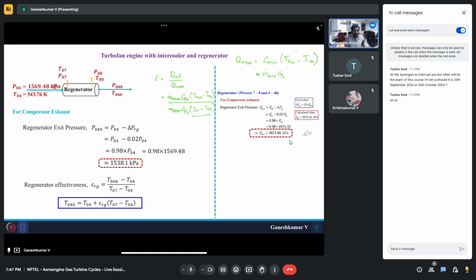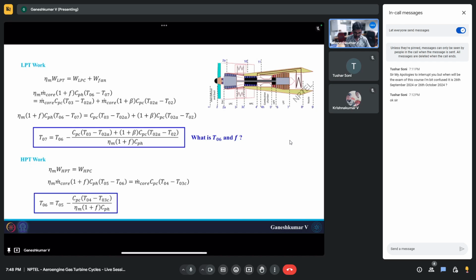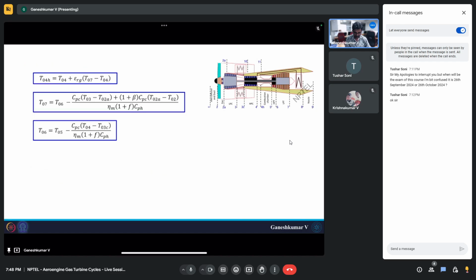So instead of raising the temperature from 543.76 Kelvin all the way up to 1830 Kelvin, we used exhaust gas heat to raise it to 1109 Kelvin, which is a big difference, like 500 Kelvin, heated only due to exhaust gas, and then the remaining we heated with the fuel. In this way, this reduces our fuel consumption. All right, let's go forward.